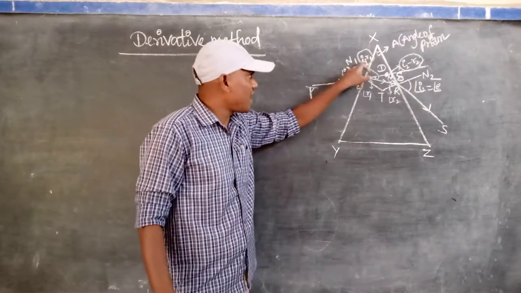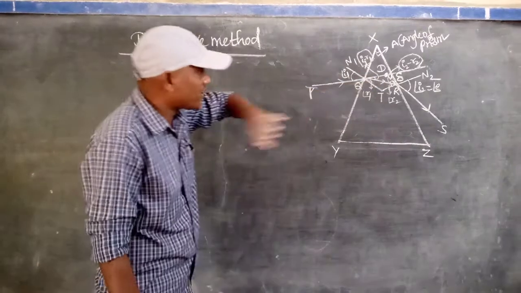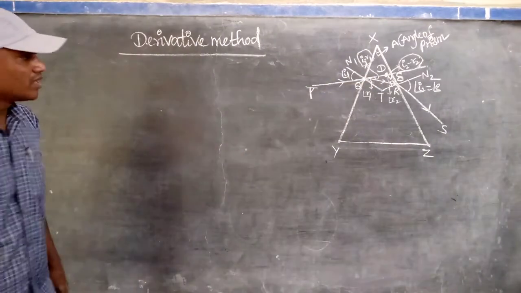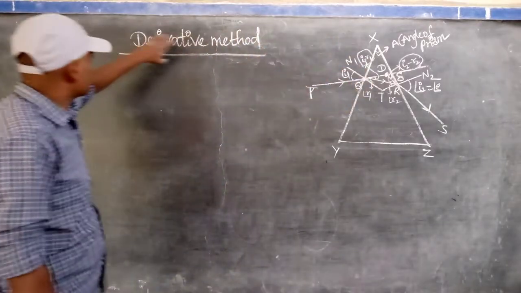This angle is I1 minus R1, and this angle is I2 minus R2. I will explain why we are taking them like that. So this is a brief diagram for the derivative method.